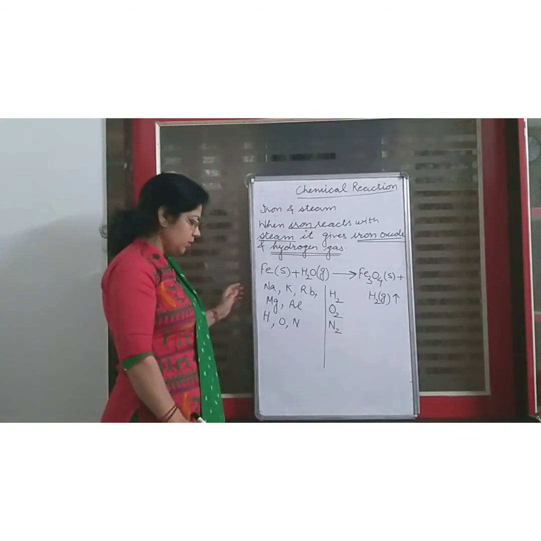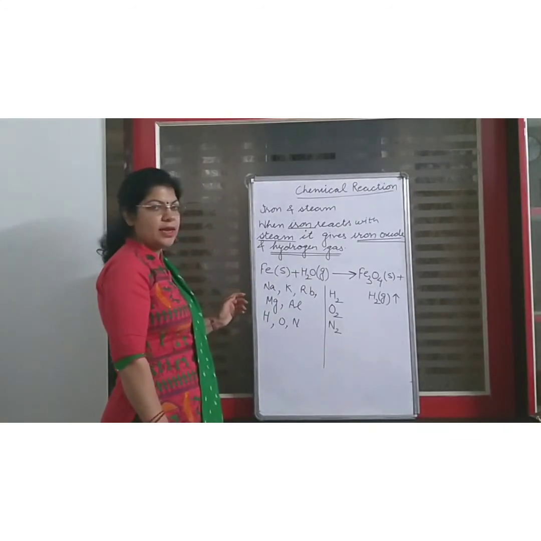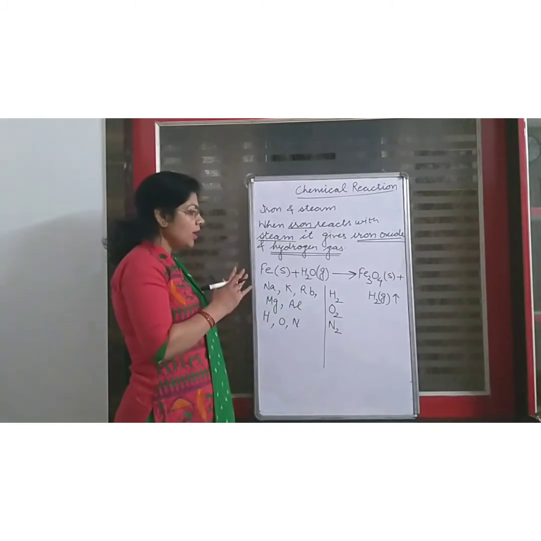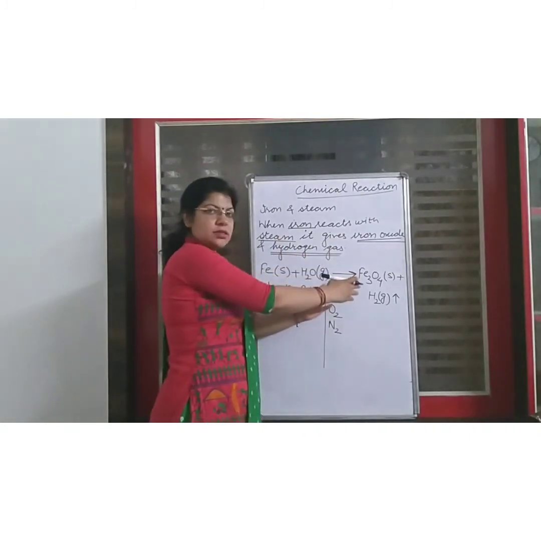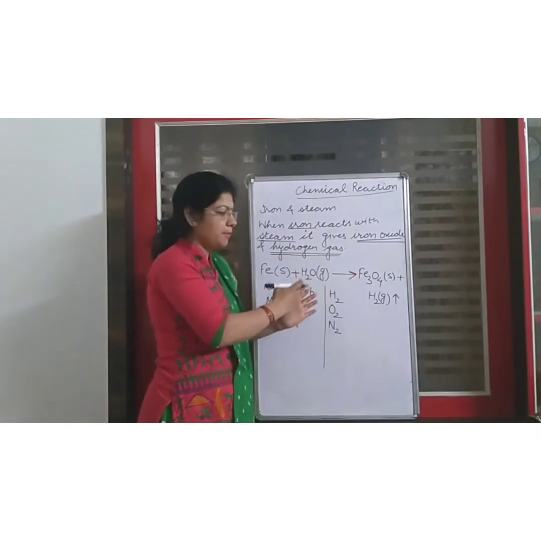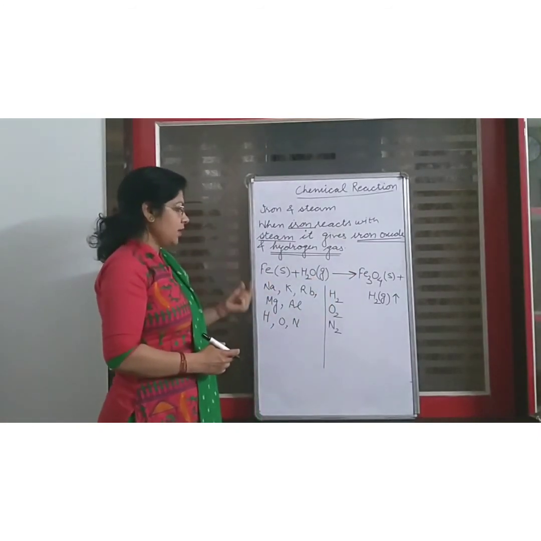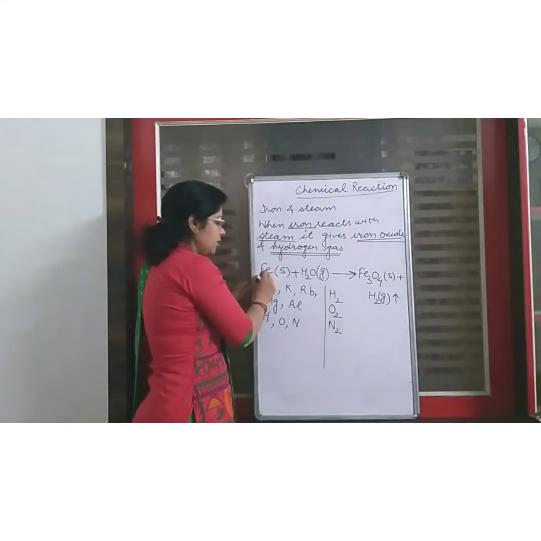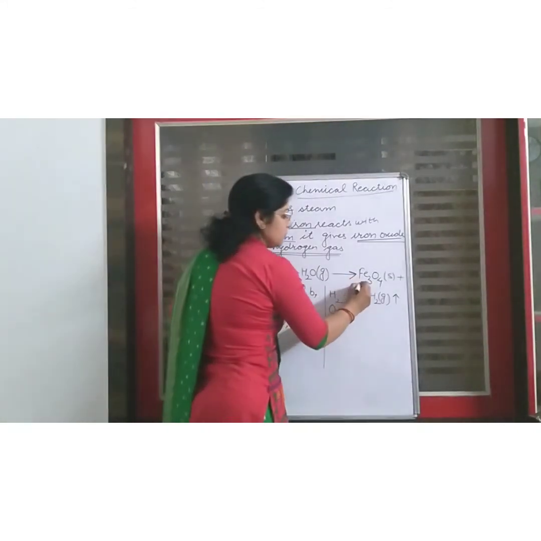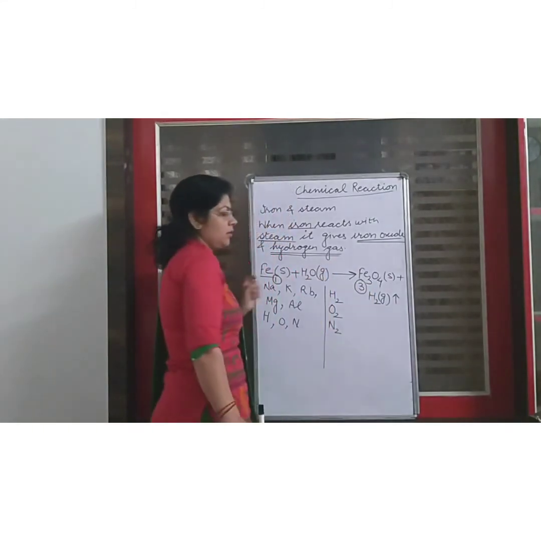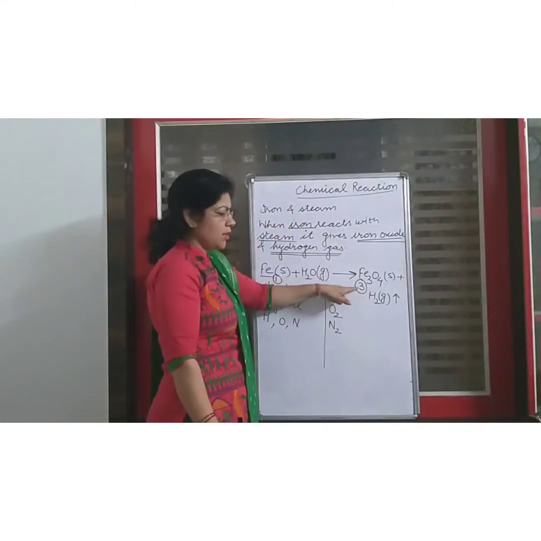And the third one is that it should be balanced. Balanced means all the atoms present in reactants as well as in the products are the same. Now see this reaction. In this reaction, iron is 1 on the reactant side and there are 3 iron atoms on the product side.